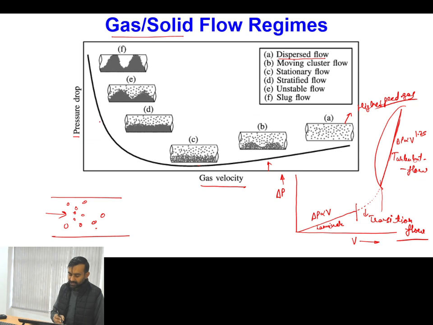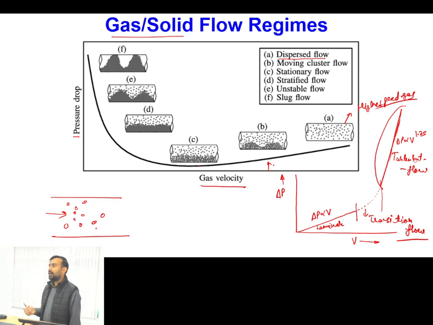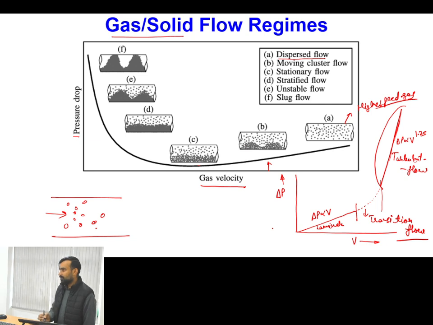Now when we decrease the velocity, what will happen? Suppose I keep the solid loading the same, the mass flow rate of solid put inside this pipeline is the same, but I decrease the gas velocity. Of course, the relative velocity between the gas and solid may decrease, and ultimately you will also find that settling of particles will start near the bottom.